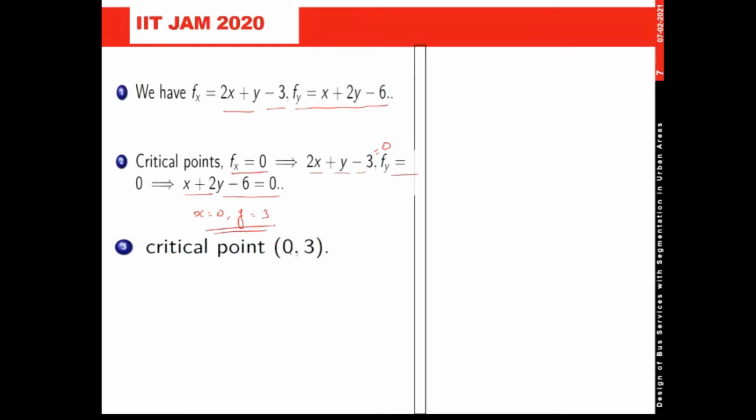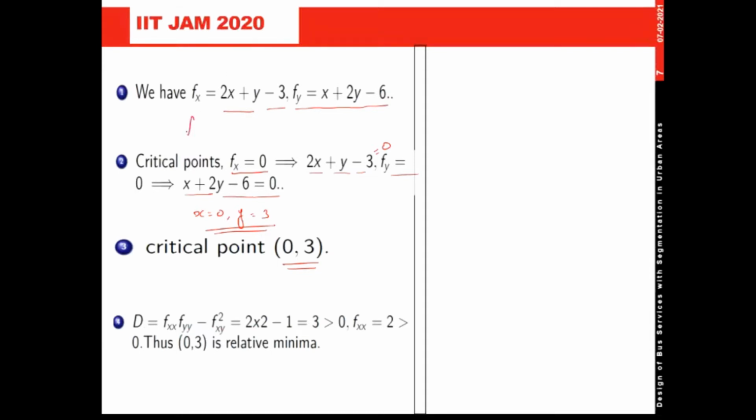Therefore, the relative extrema must occur on this critical point. Let us check whether it's a minimum or maximum. D is equal to fxx times fyy minus f square xy. What is fxx here?